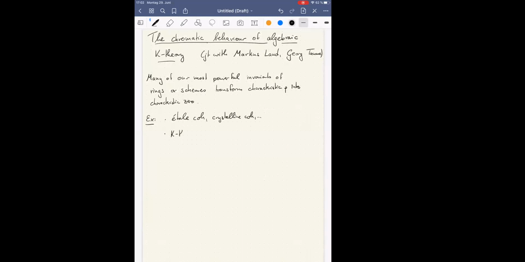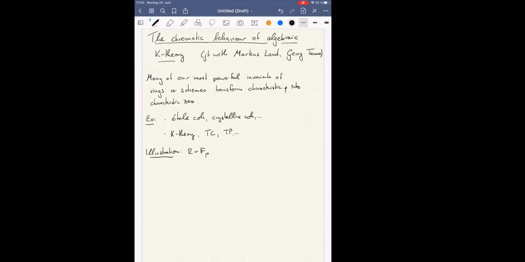What I will talk about today is mainly K-theory, so algebraic K-theory, but also TC and TP have the same flavor, and I guess there are also other theories you might define. Just as a short illustration, the archetypical example of something characteristic P is Fp.